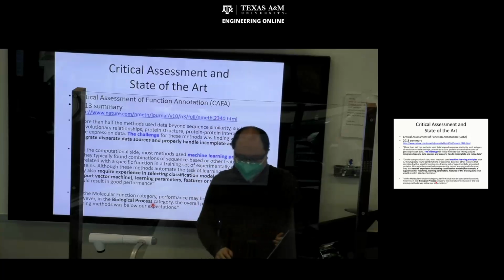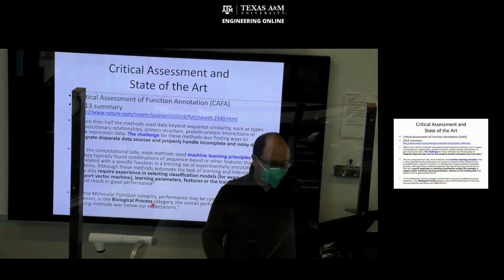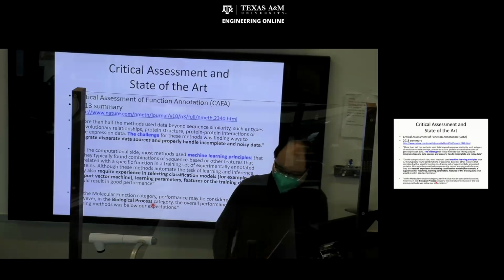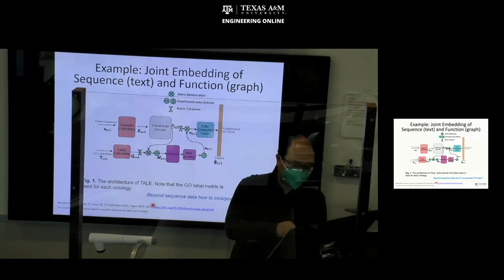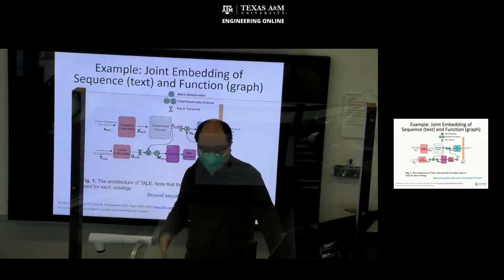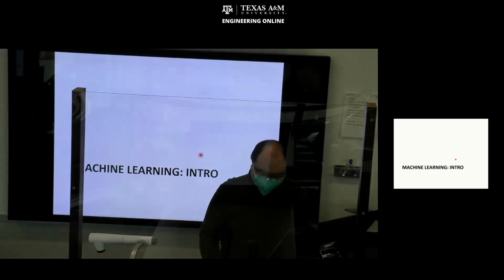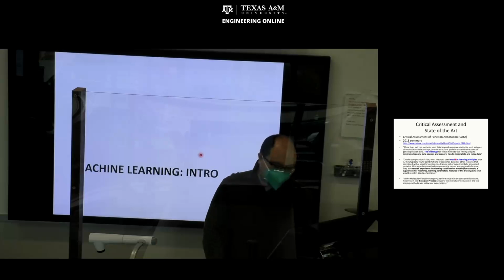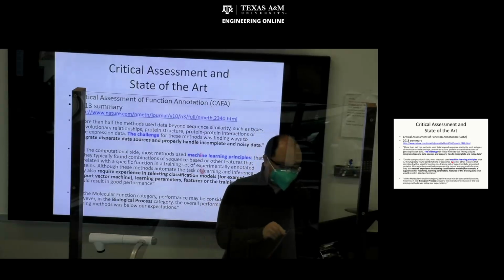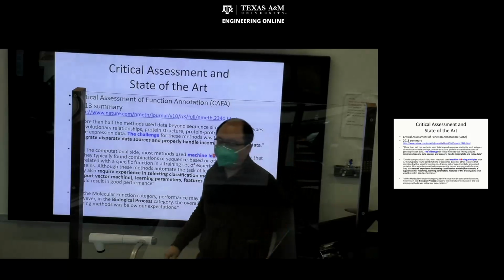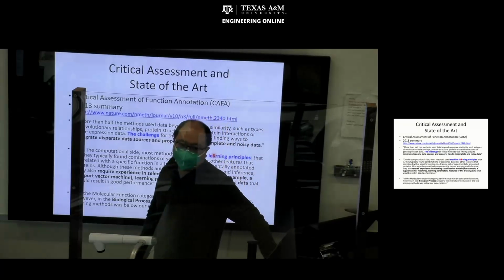Okay, so we actually have the CAFA test set, accompanied with this paper. So we can compare our performances to the whole community as well. So in this sense, let's now think about it. Why, right? Everybody is using machine learning to solve this problem for a reason, right? Not because machine learning is hard, right?